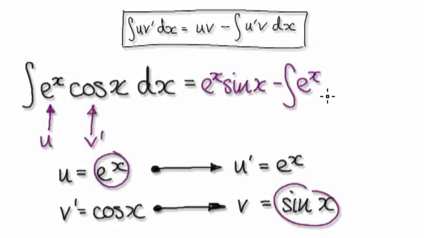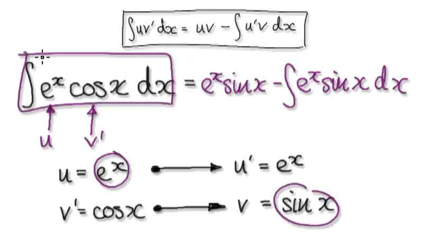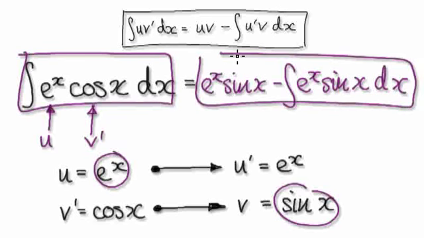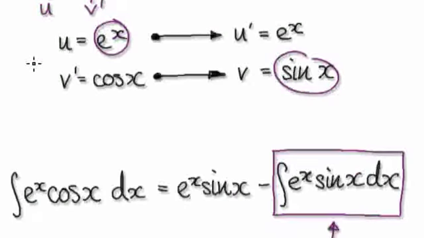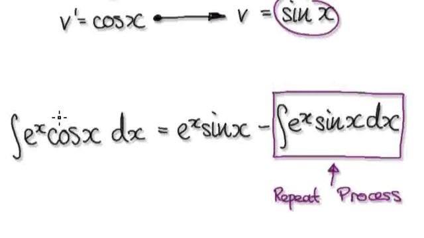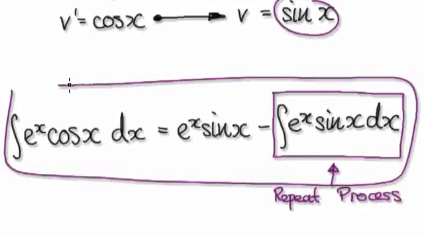It stays the same, but there's something cunning that we can do. And then here you've got your v, which is sine of x dx. So this thing here equals this thing here. We are currently here.